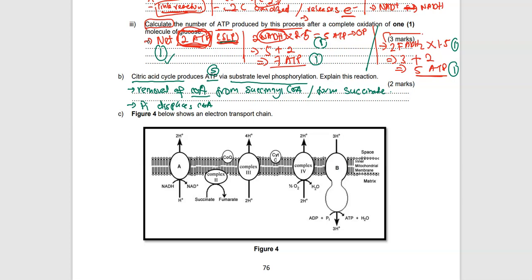And then what is the function of the inorganic phosphate that enters into the reaction? It is to attach to a molecule we call GDP.